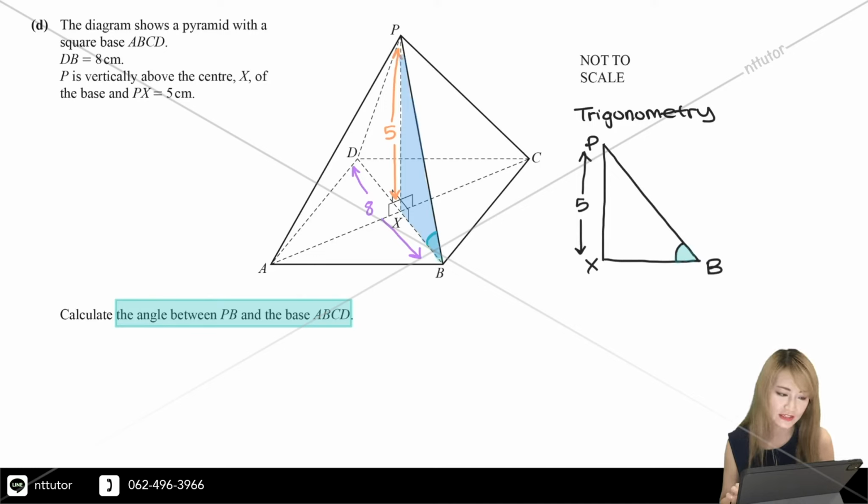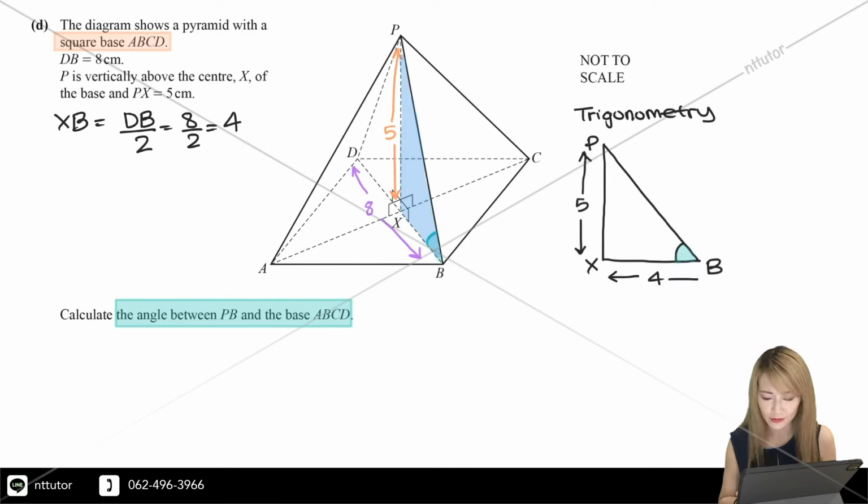We don't have XB, but it says that it's a square base pyramid. ABCD is a square. So if it's a square, that means that X is the midpoint of the square. So XB must be equal to half of DB. So XB equals DB divided by 2. So that's 8 divided by 2 equals 4. So we know that XB is equal to 4 if we label that on the triangle.